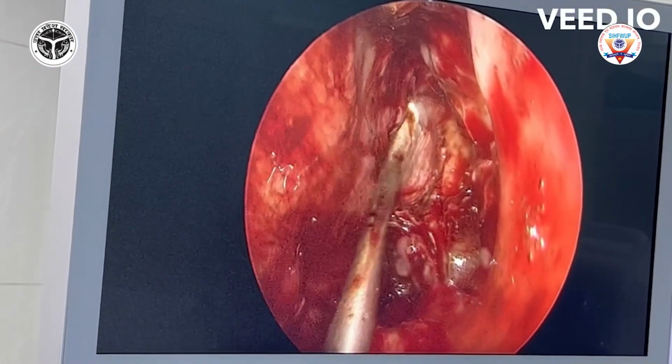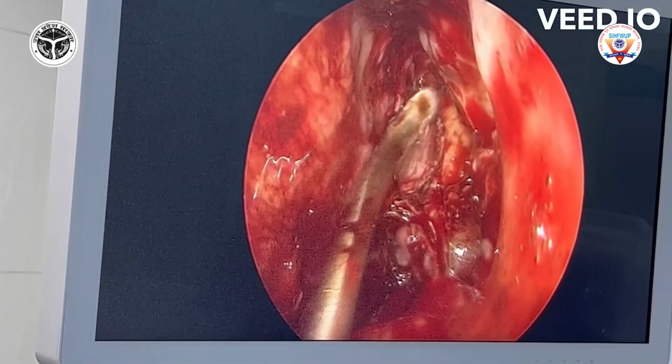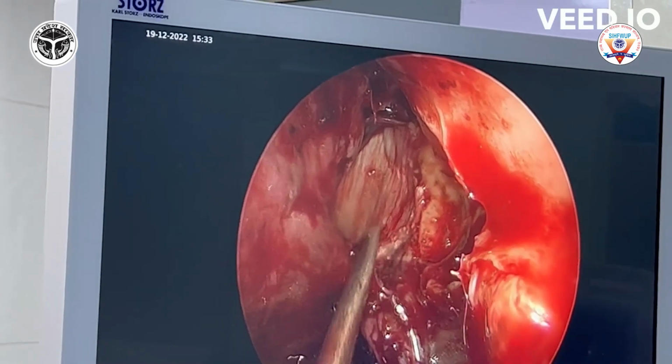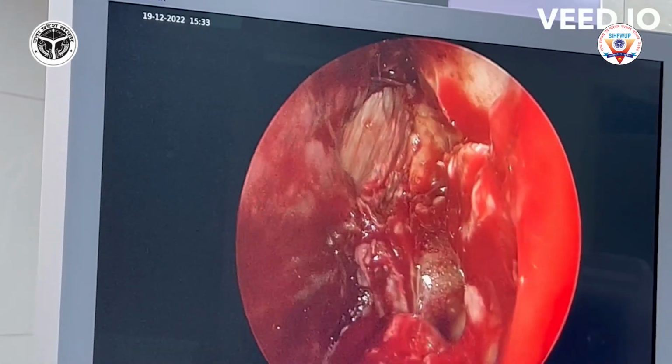Once all the layers have been put, we should ask the anesthetist to give a Valsalva or forced inspiration to check if there is any leak. Okay, so there was no leak after Valsalva.